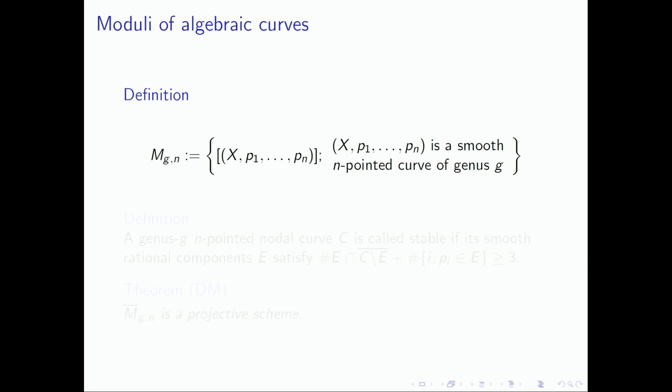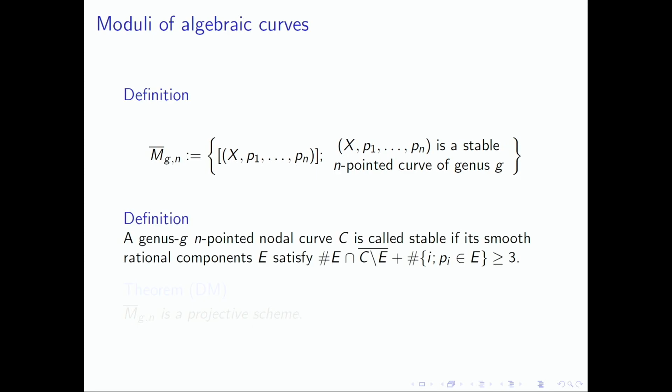This is not a compact space, so in order to get a compactification of this space, as Renzo mentioned, we have to resort to stable curves. So a stable curve is simply a nodal curve with a combinatorial condition telling you that the curve should have a finite number of automorphisms.